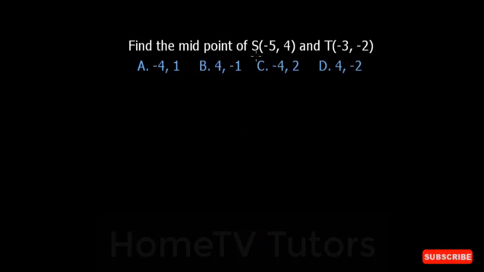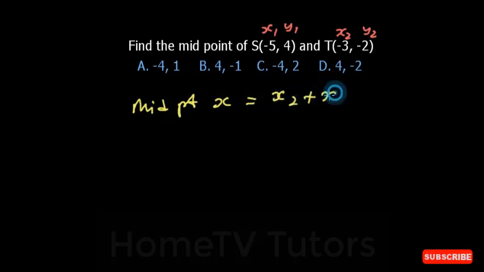Find the midpoint of S(-5, 4) and T(-3, -2). We label the points: this is x1, this is y1, this is x2, and this is y2. The midpoint of x is equal to x2 plus x1 divided by 2.